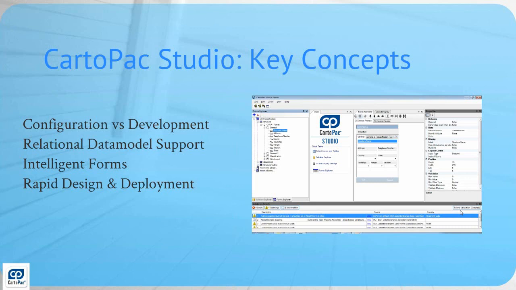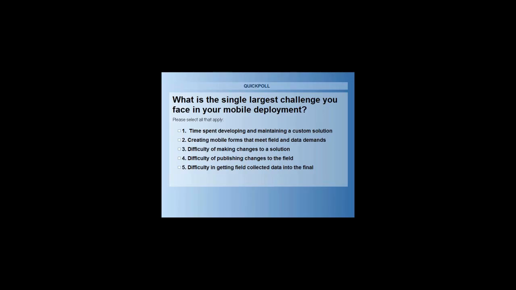Now, for those of you already using CartoPac, hopefully you don't have the problems that you see here today, but even if you do, hopefully we can address some of that in what we talk about, perhaps provide some insight. So take a moment, if you would, to look at the poll there up on screen and answer that question. Again, if it's not represented here, apologies, we took kind of the top 5 that we often hear.